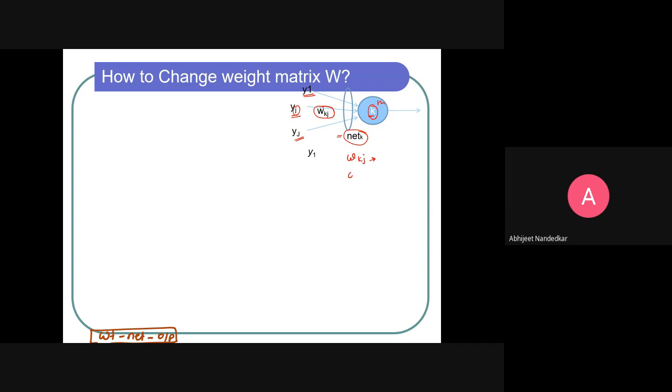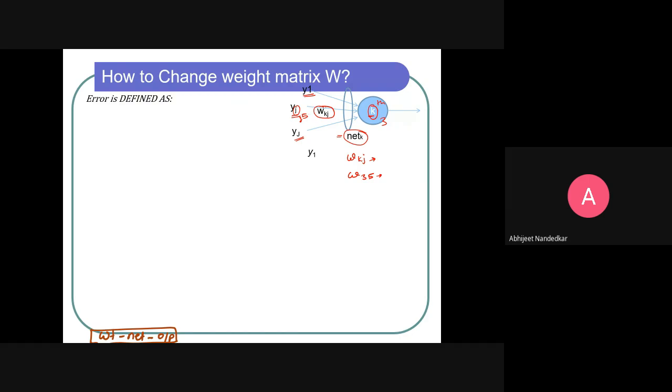Suppose I write w35. What does it mean? It is the weight for the connection between the third neuron and the fifth input, y5, and so on.